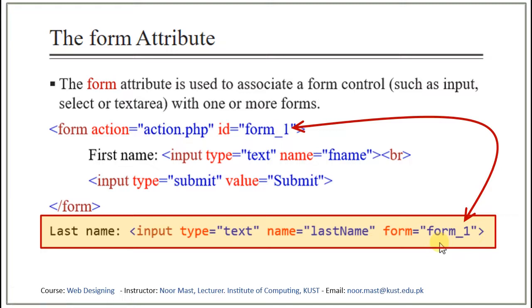Therefore, this element is part of the above defined form. When the form is to be submitted, the value of this element defined outside of the form element will also be submitted to the server.